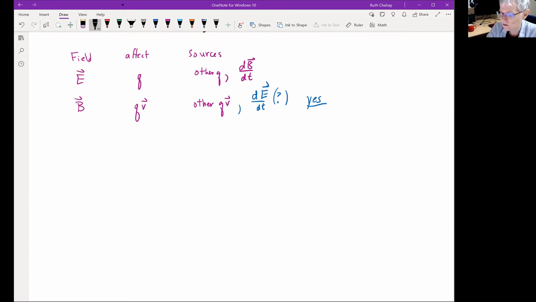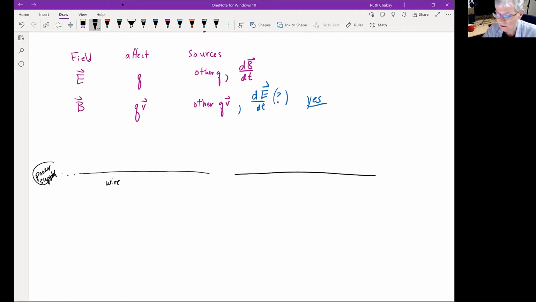So let's imagine that we've got a long wire connected to a power supply somewhere over here. And here's a long wire with a current running through it. It's a complete circuit, except that in the middle of it here, we've got a capacitor.